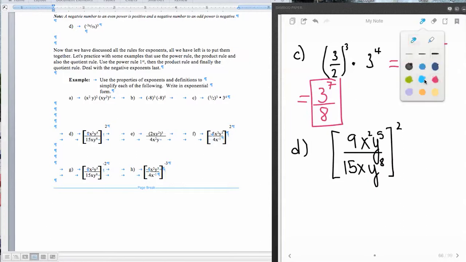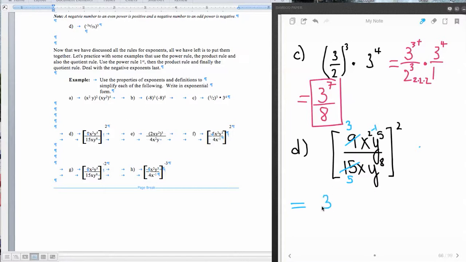Right, moving down to the next one, we have something inside these parentheses that needs to be simplified using quotient rules, and then we're going to do the exponent on the outside. So we have a common factor of 3 in 3 and 9 and 15, so 3 goes into 9 3 times, and 3 goes into 15 5 times, and then we're going to use the quotient rule on the like bases x, 2 minus 1.